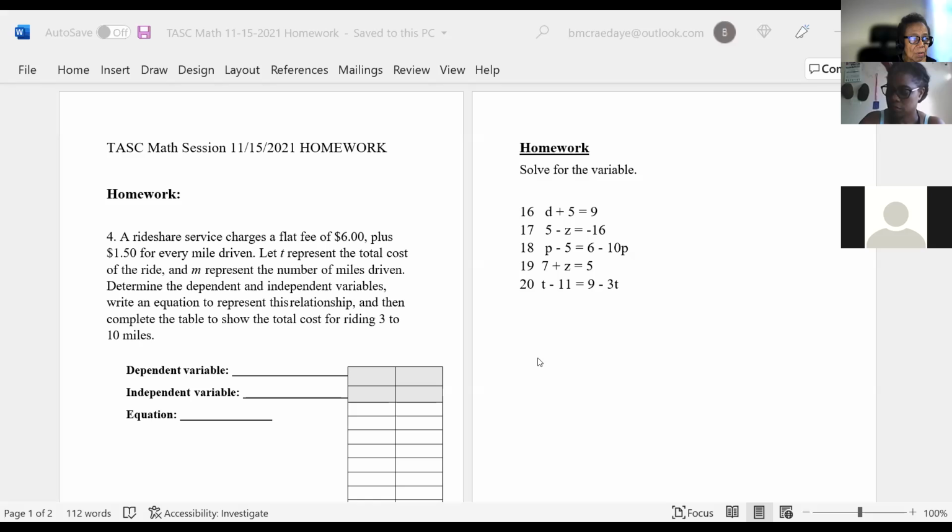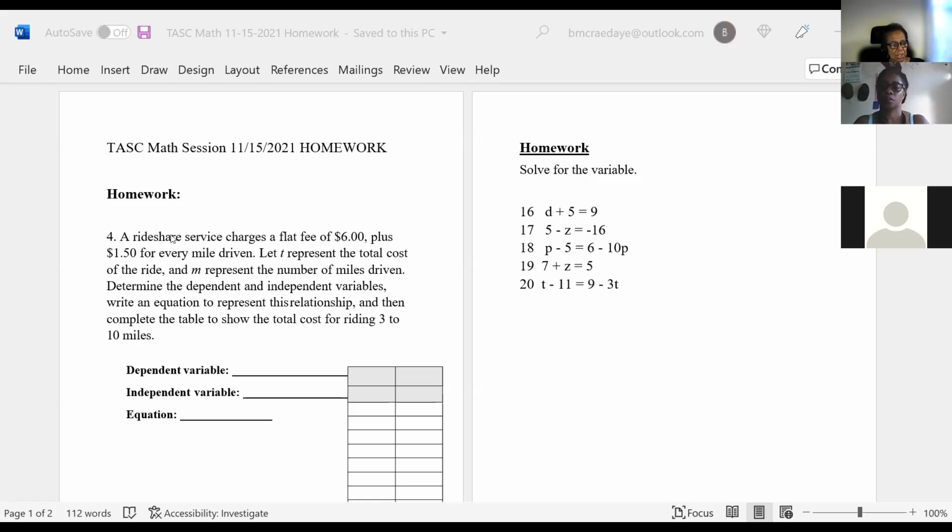Oh, it's not being shared. Okay, let me share my screen and go to my table. Now, can you see it? Yes, it is there. Okay, that was the one that was your homework, right?